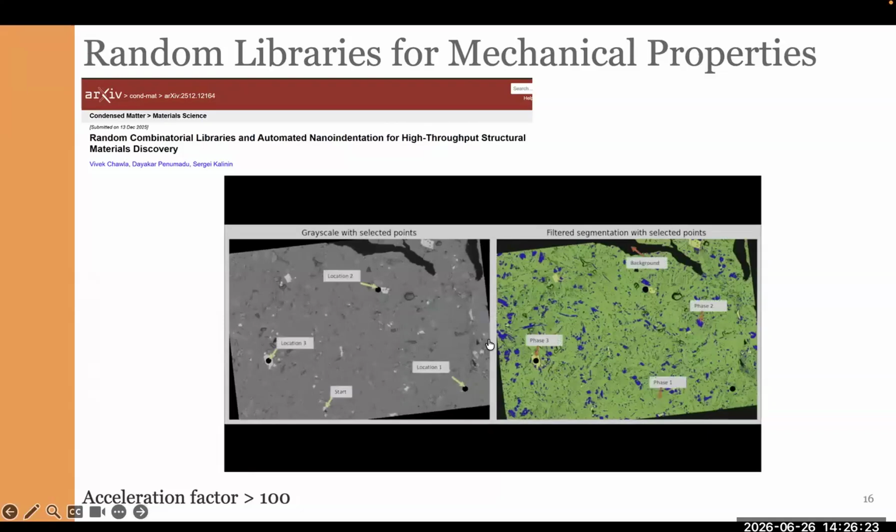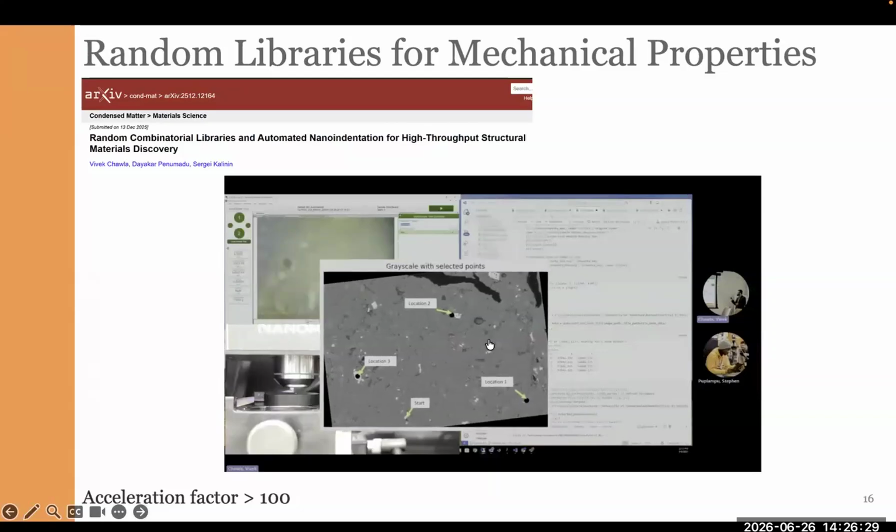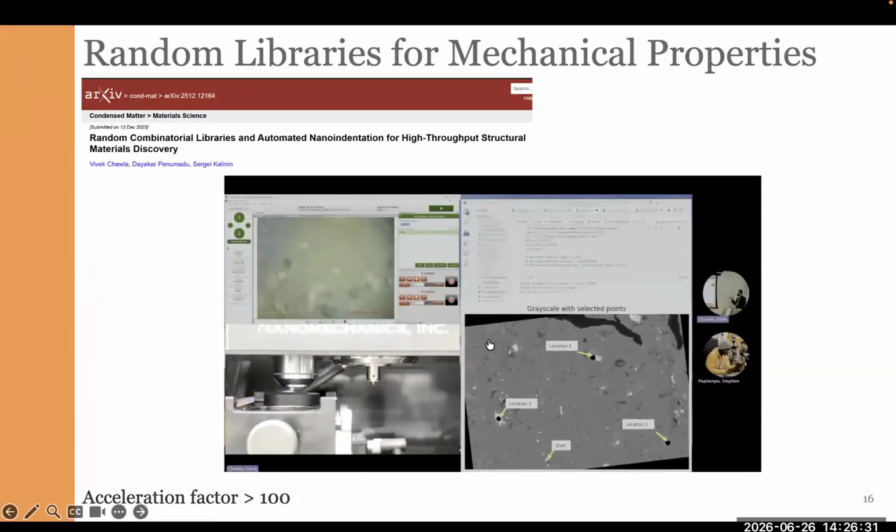And after that, we can run our automated experiment. The estimated acceleration factor is about 100. Obviously, there is always a question of how you calculate this acceleration factor, but nevertheless, such an approach is much faster than if you have a number of samples.